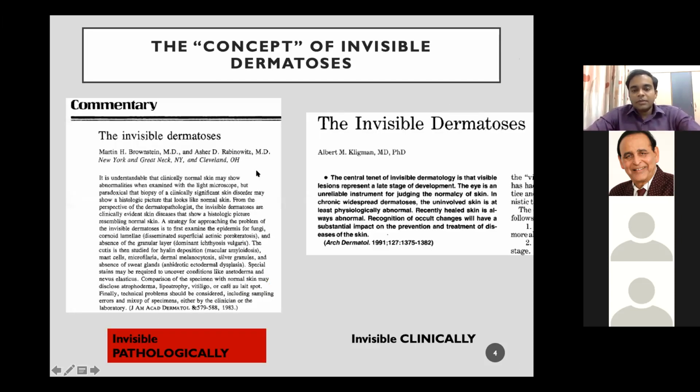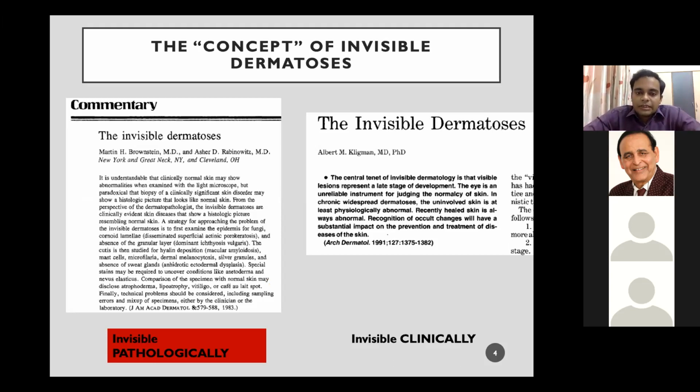Invisible dermatosis is a terminology which has been in vogue for some time now, right from the days of Dr. Kligman, since the 1970s and 80s. Initially, it was primarily used for entities where, when we do a histopathology biopsy of a skin lesion, we don't find specific findings and are unable to reach a final diagnosis.